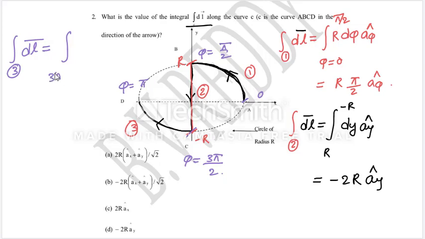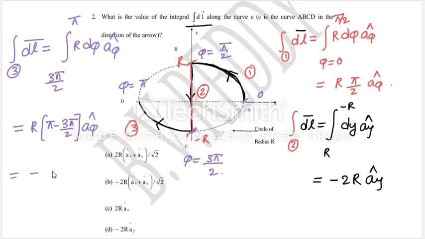So I can say this is the integral from 3 pi by 2 to pi of r d phi in the a phi direction. From this, this is r into pi minus 3 pi by 2 in a phi, so this is minus r pi by 2 in a phi. This is for the third path.